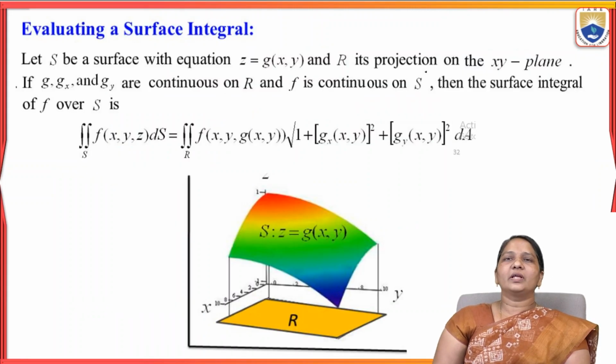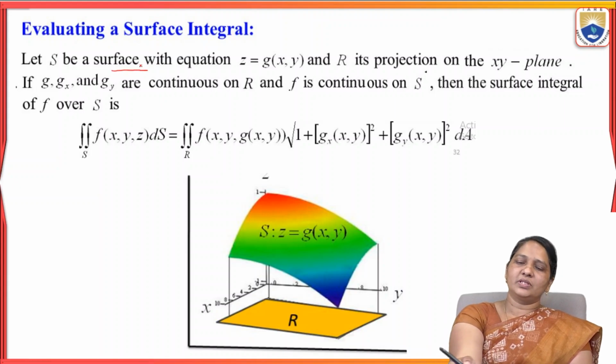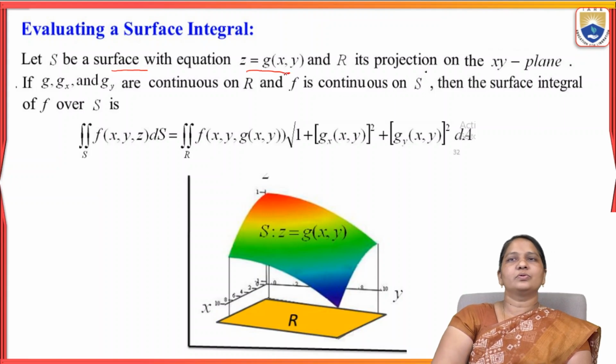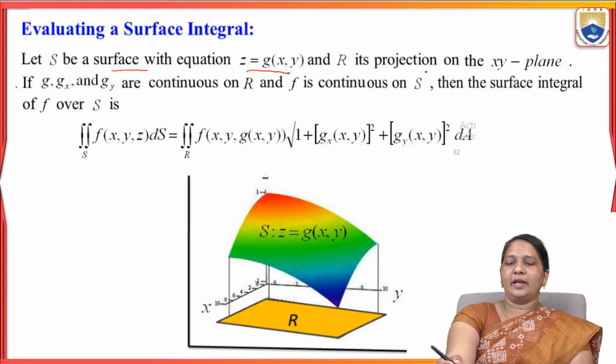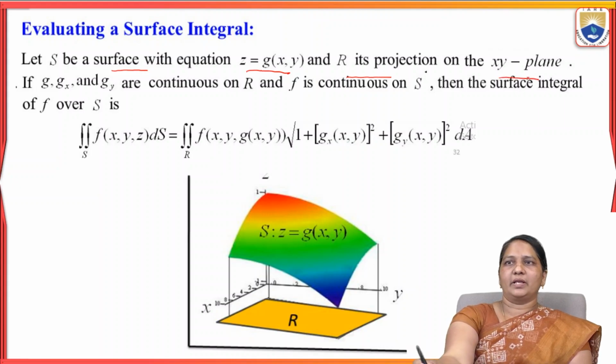See here how we can evaluate the surface integral. Let S be a surface with equation z equal to g of x comma y, and R its projection on the xy plane.